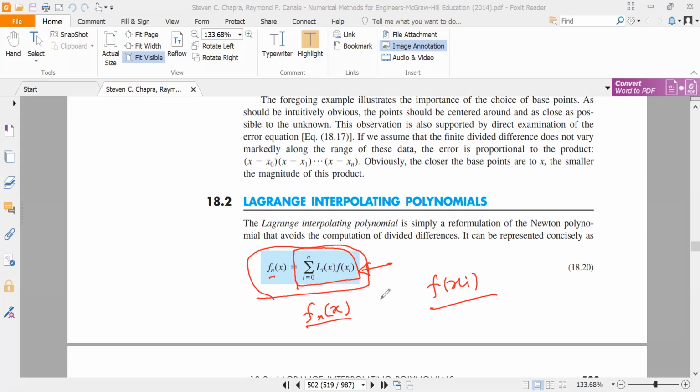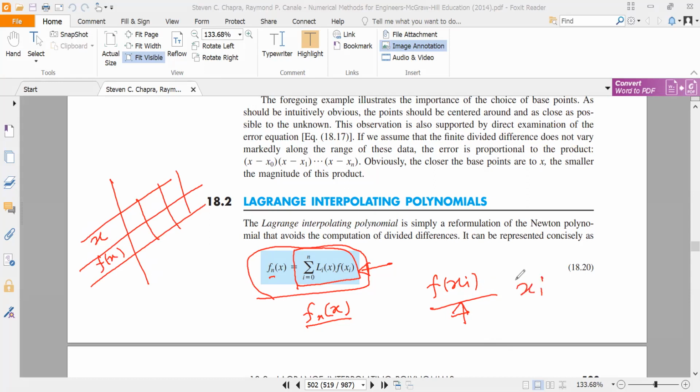In your prediction, you will have some experimental data, isn't it? Those experimental data will contain the independent variable as well as the dependent variable at the data points. This is the value of your dependent variable at the data point xi. This is known. xi is also known to you. xi is the discrete value.